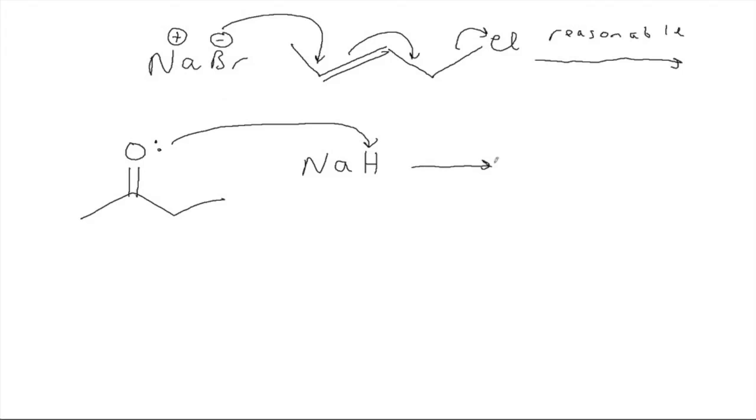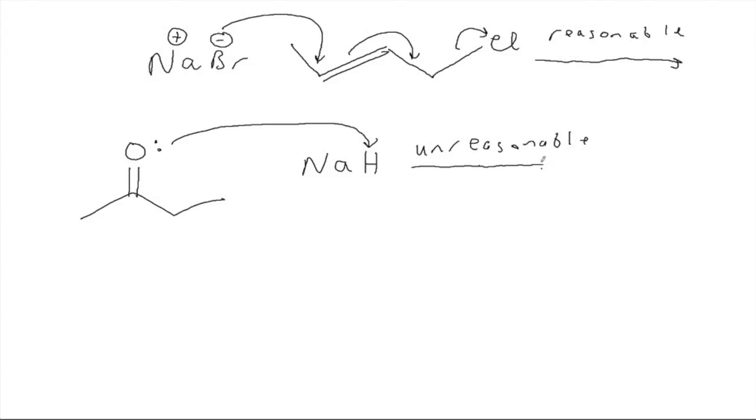Is this arrow reasonable? No. Why not? It looks like the arrow is going toward the hydrogen, which appears to have a negative charge because it's associating with the positively charged sodium. Okay, good.